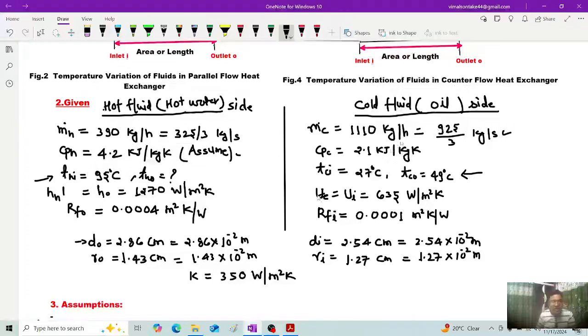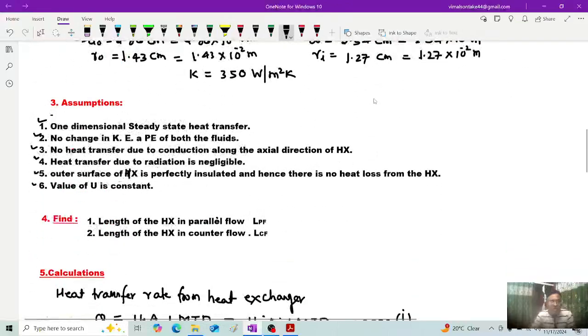Similarly, this value will be HC and this value will be HI. So H naught is 1270, RFO is 0.0004, RO is 1.43, RI is 1.27 and RFI is 0.0001 meter square Kelvin per watt and HI is 635.